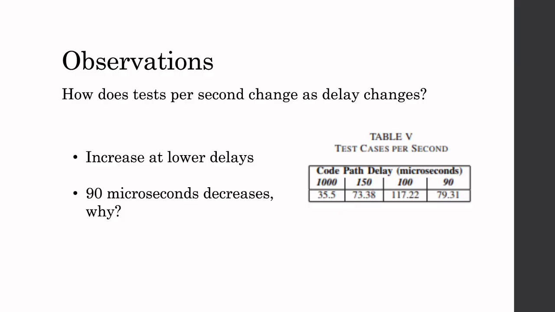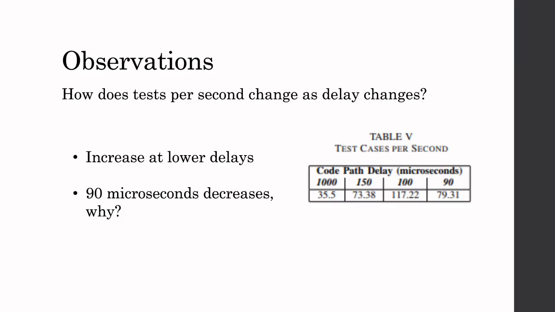And the further it gets into the code with even more delays, you can get into a couple thousand microseconds for every single input that reaches into the code path, which causes quite a bit of delay. So decreasing the delay increased the number of tests that could be done because it was getting responses back faster.